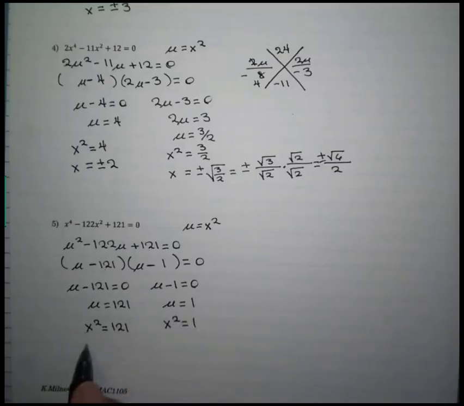The square root gives x equals plus or minus the square root of 121, which I know, that's 11. So x is equal to plus or minus 11. Now, ones are easy, right? x equals plus or minus the square root of 1, which is just 1, isn't it?